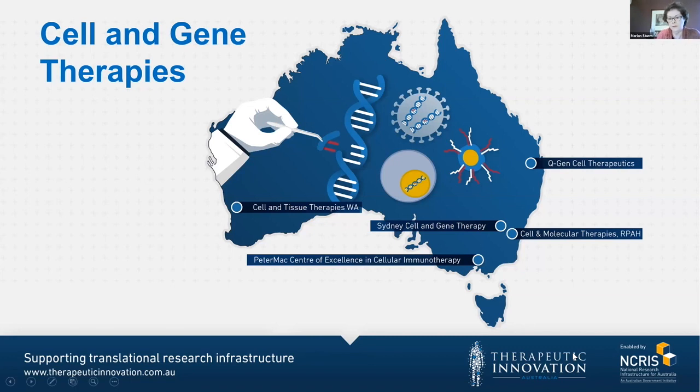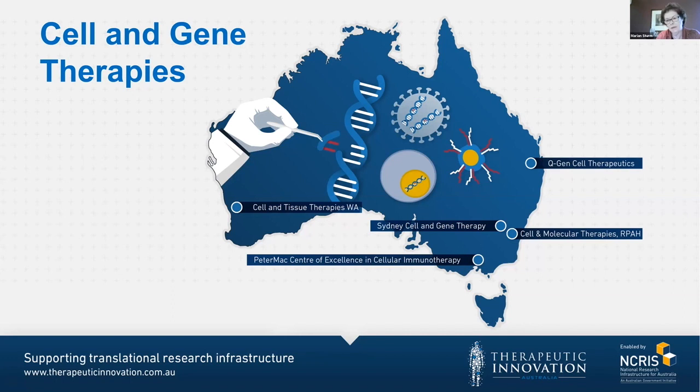Thank you very much, Stuart. It's great to have a lot of people on the call to hear about the scope of all the capabilities that come under the TIA. The cell and gene therapies capabilities are made up of 5 facilities spread across the 4 states.